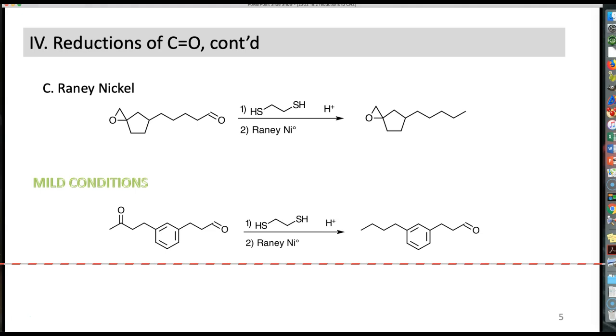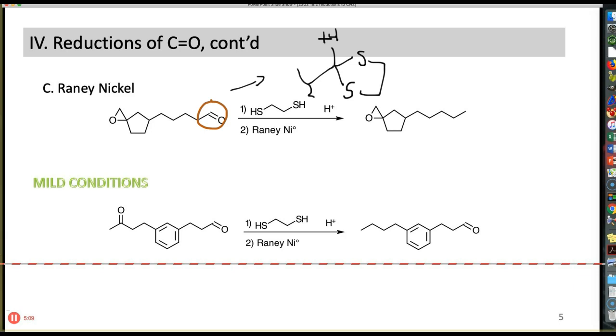Well, it works by converting my carbonyl into a thioacetal. That's supposed to be an H there. So that thioacetal then reacts, totally magic chemistry here, with Raney nickel. It's just a special form of metallic nickel, and that replaces this whole piece with the two hydrogens that make up your alkane. Nice mild reaction.